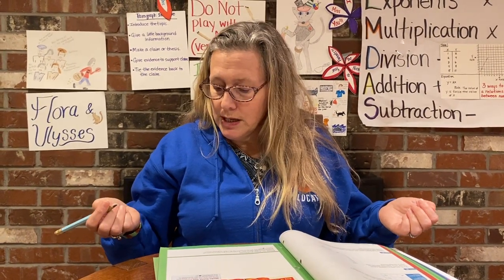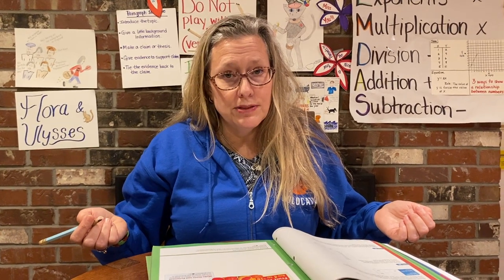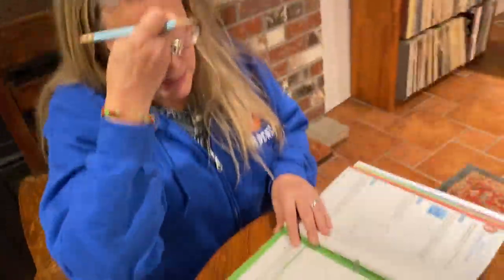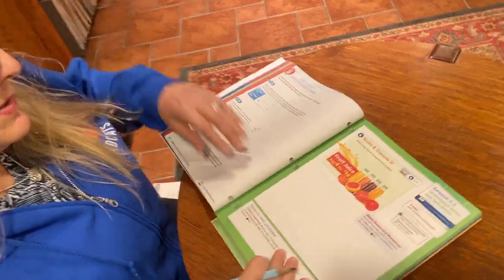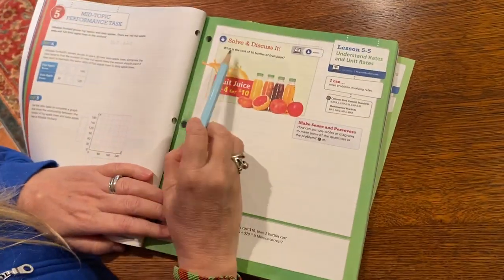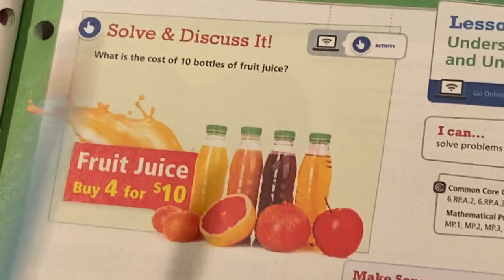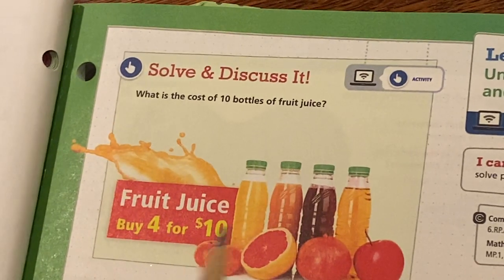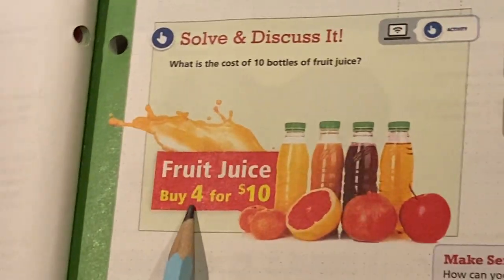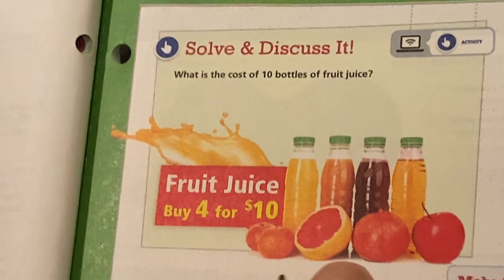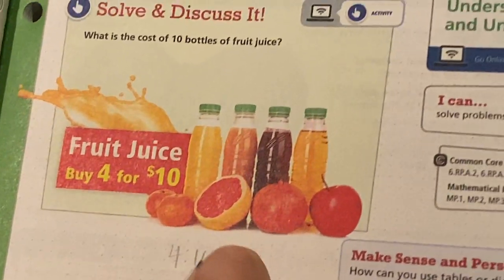Okay, we are on page 283. So let's start talking about this. What is the cost of 10 bottles of fruit juice? Well, fruit juice, buy 4 for $10. So there's our ratio, 4 to 10.